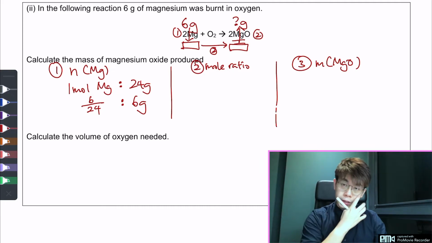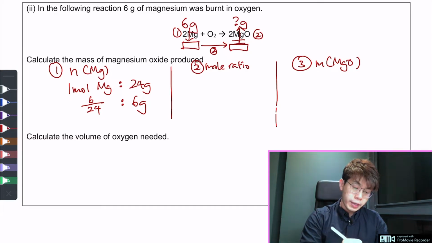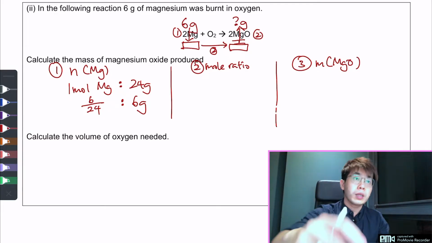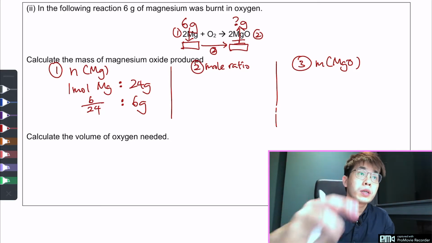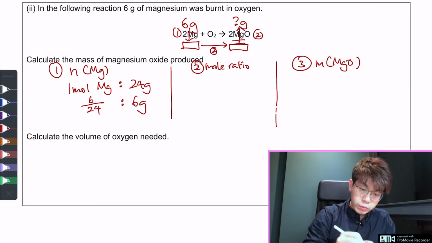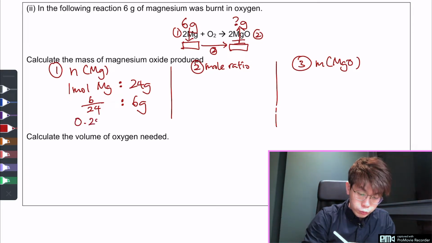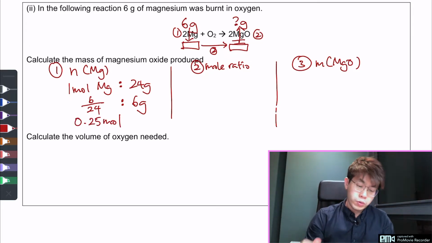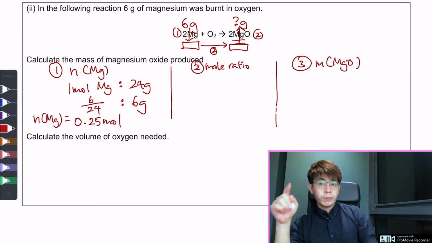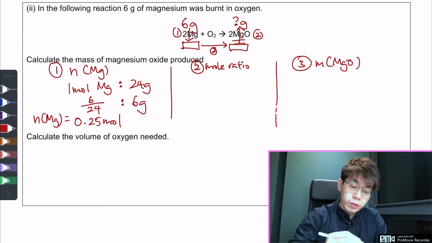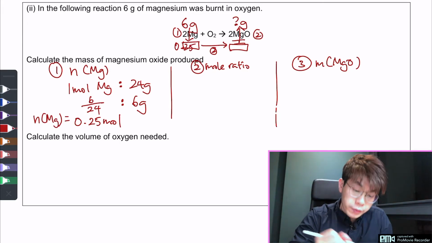Please go and practice your ratios. On the calculator, 6 divided by 24 is 0.25 moles. So now I know that the number of moles of Mg is 0.25 moles. Over here I know it's 0.25.